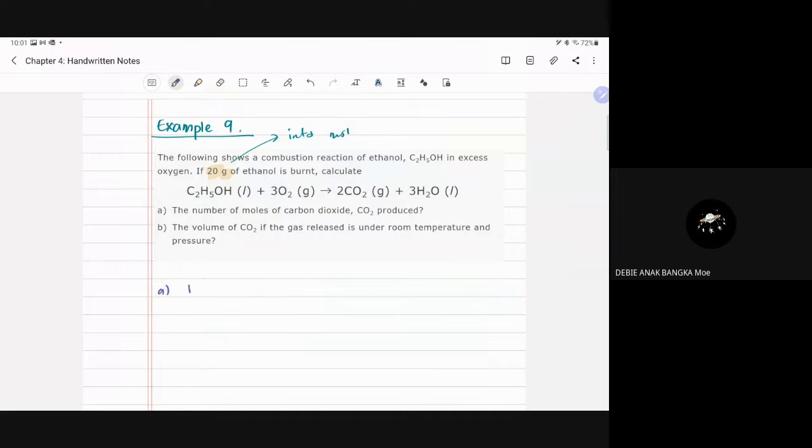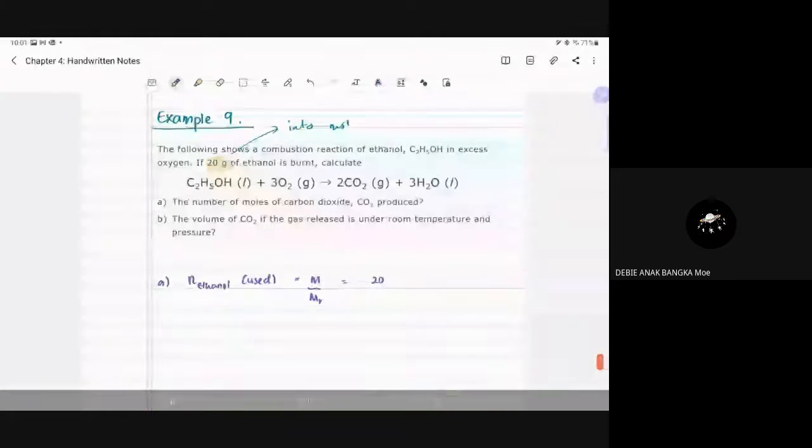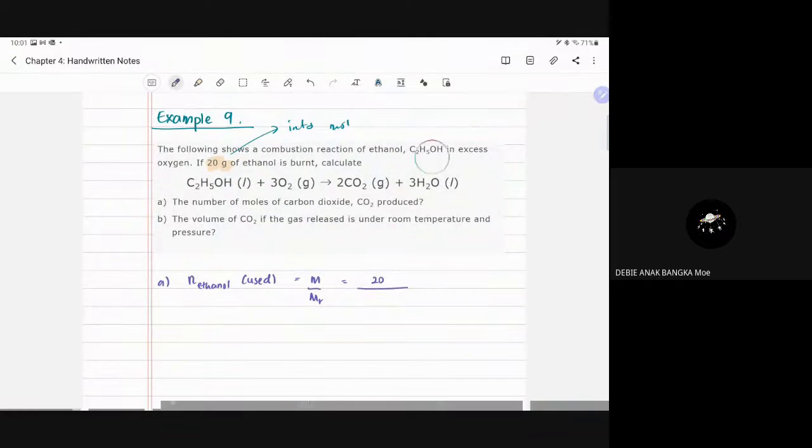Okay. So number of mole of ethanol used, yang digunakan adalah mass bahagi MR, equals to 20 grams bahagi dengan ethanol.